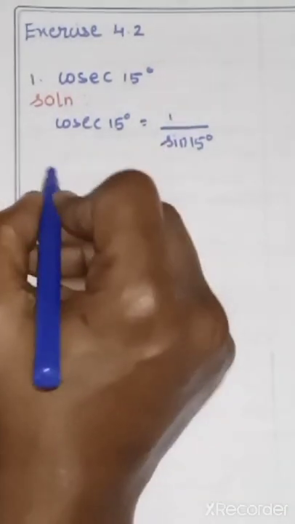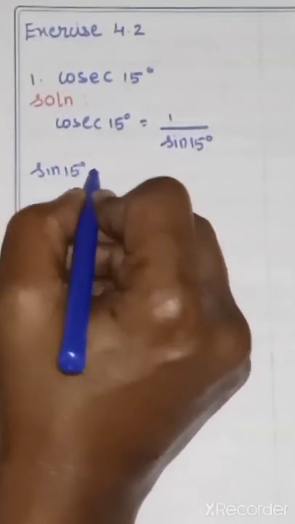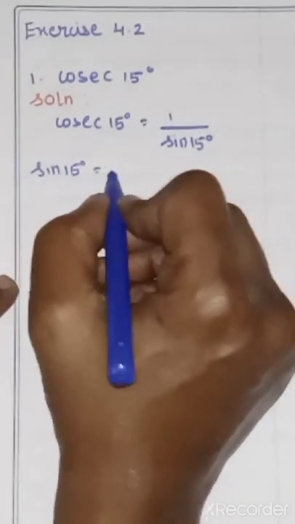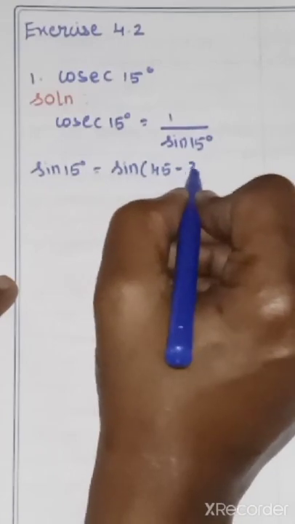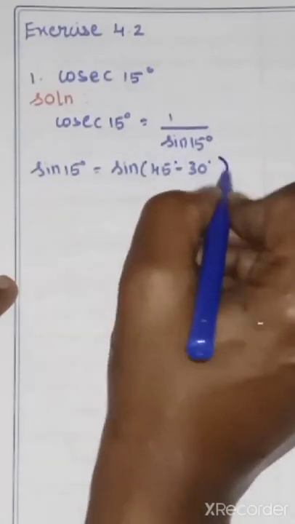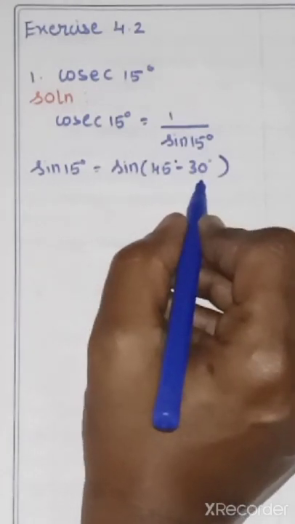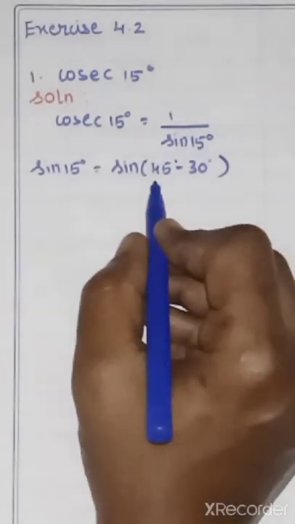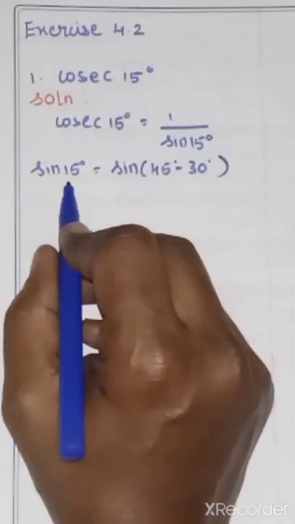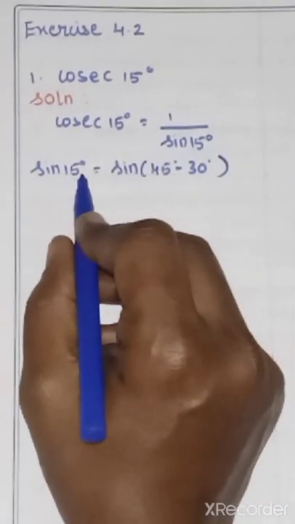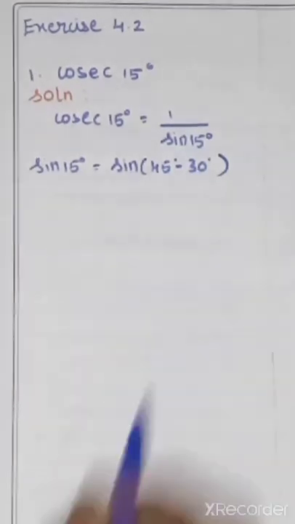Now, this 15 can be taken as 45 minus 30 degree. 45 we know, we have the table value, and 30 also we have the table value. 45 minus 30 is 15, correct? So sine 15 can be taken as sine (45 minus 30).